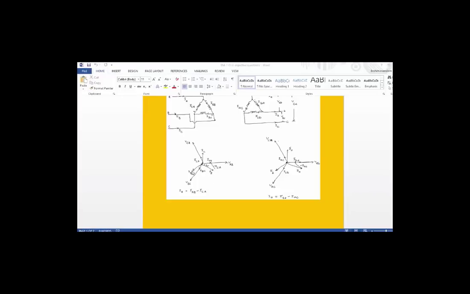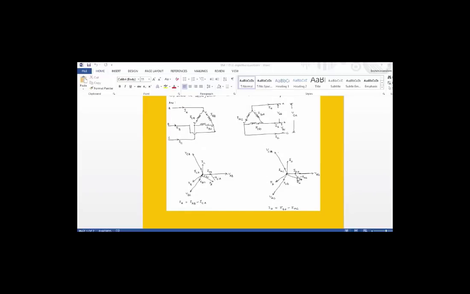Similarly IB we get, similarly IC also we get. In all these cases we assume that the voltages or vectors are rotating in the anti-clockwise direction, so the line currents are lagging the respective line voltages like this: IA, IB and IC.